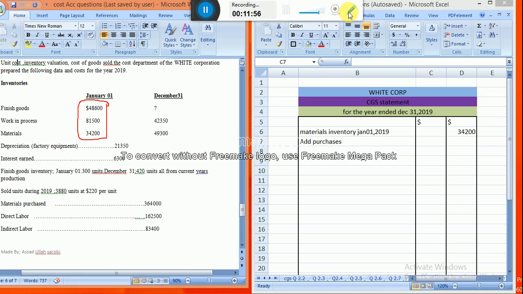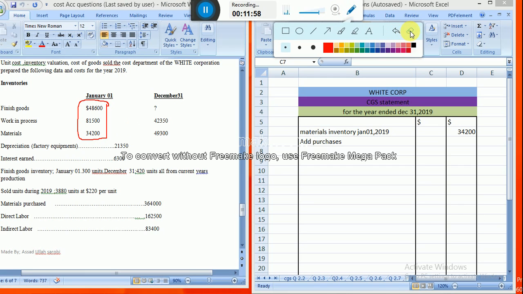Purchases are, that is, material purchase, the $3,64,000 purchases made here.